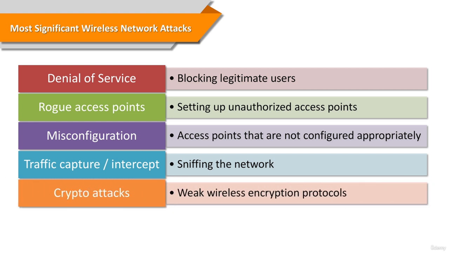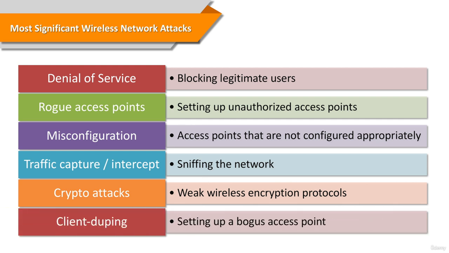Crypto attacks. Some wireless encryption protocols suffer from significant security weaknesses, such as the Wired Equivalent Privacy (WEP) protocol. Attackers can gather web traffic and, by exploiting flaws in the way cryptographic initialization vectors are exchanged, crack the keys to gain access to the data and the network.